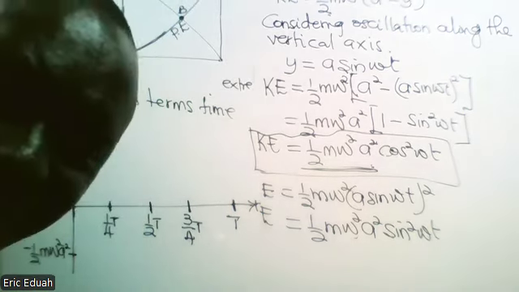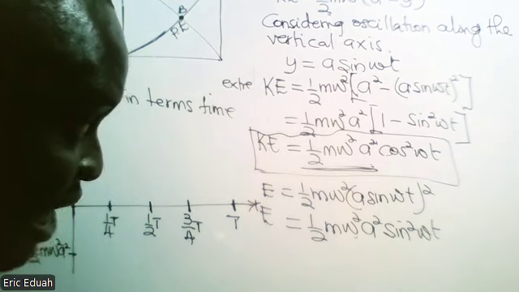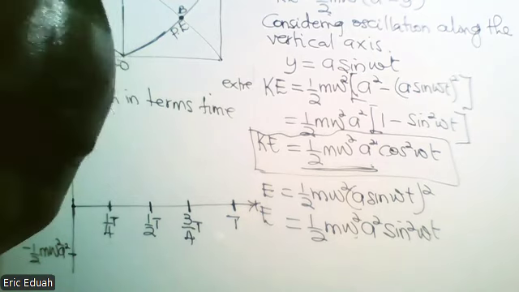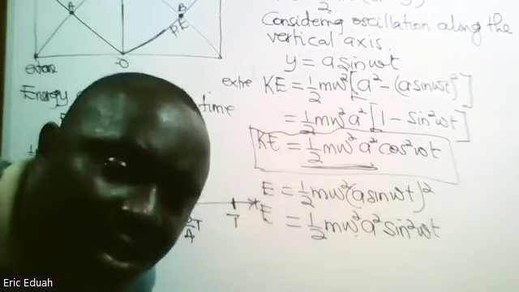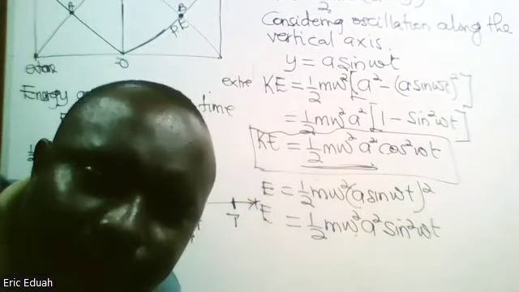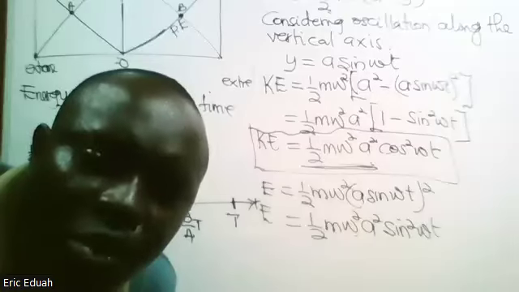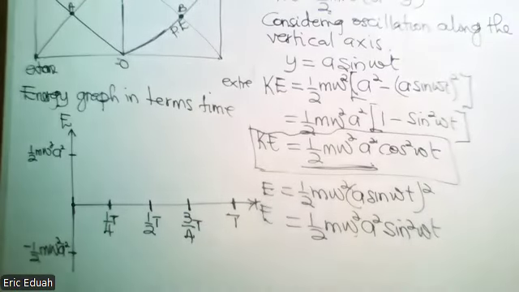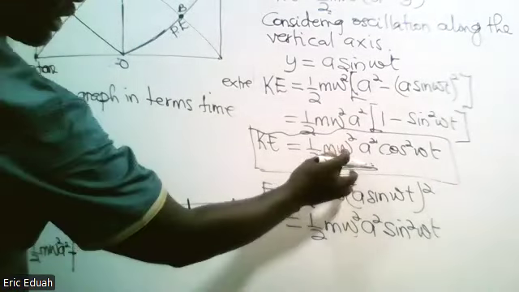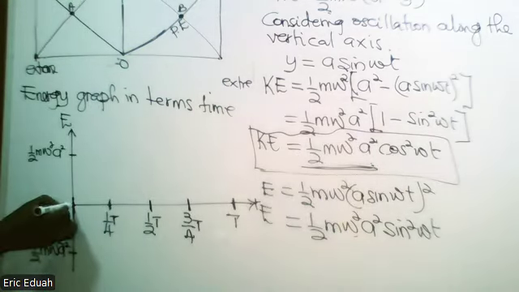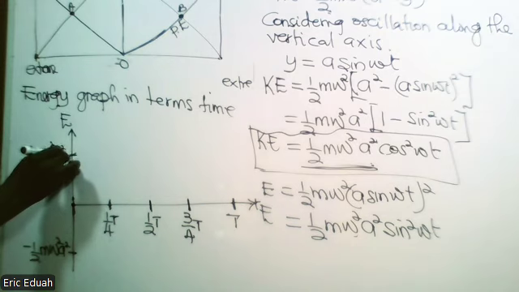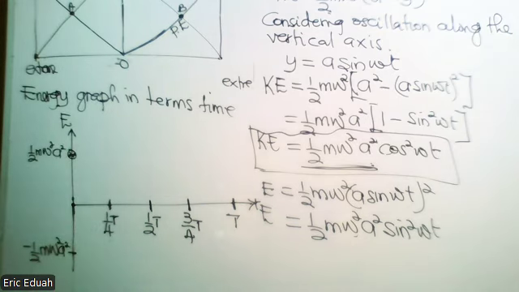Maximum. It will be equal to the maximum, half m omega squared a squared. So when this is 0, the kinetic energy will be equal to the maximum value.